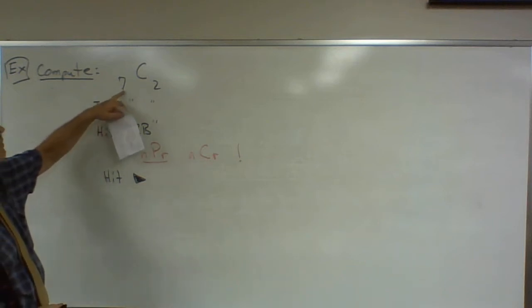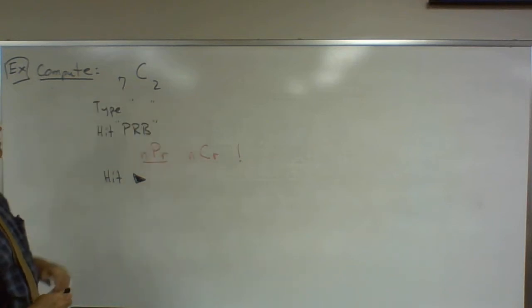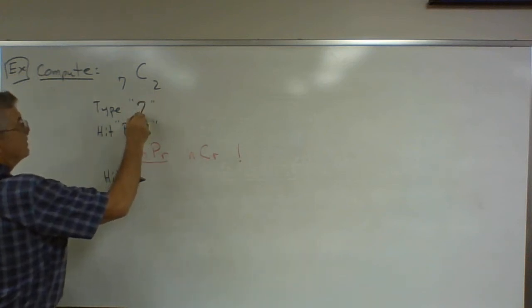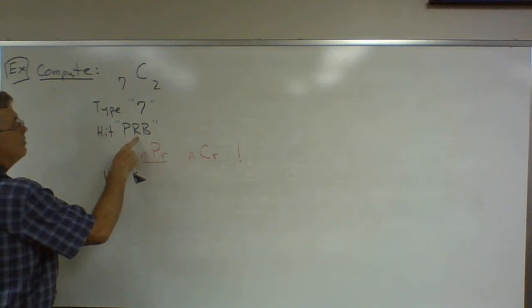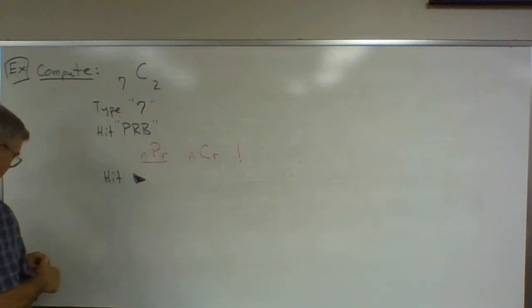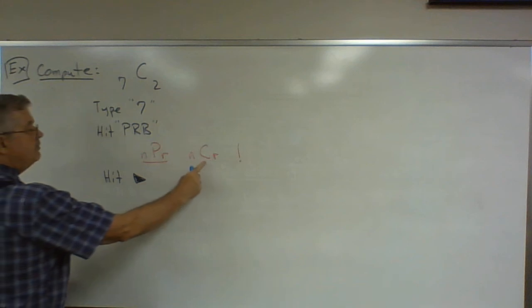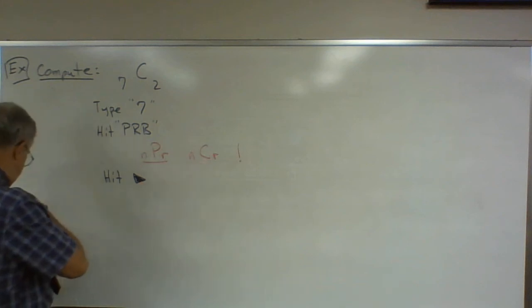We want 7C2, so I should enter 7, hit the probability key, and when I do, the NPR key will be underlined. But I don't want a permutation, I want a combination.